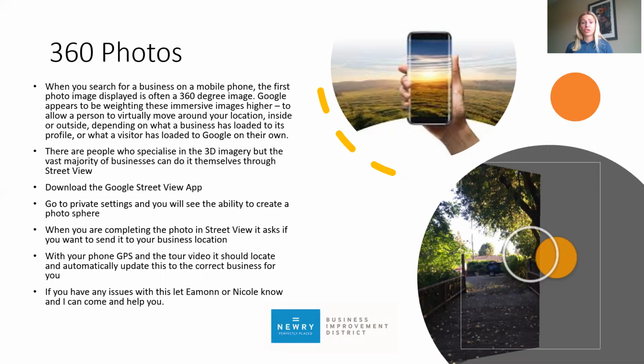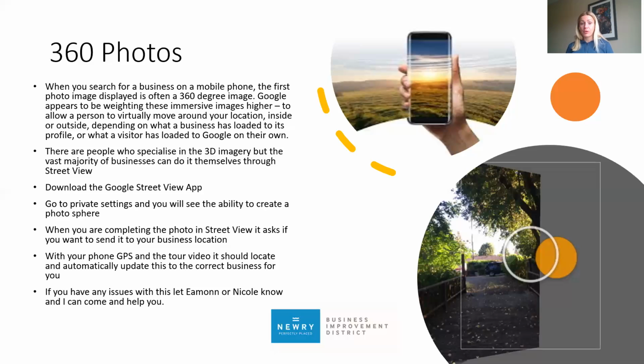And this allows a person to move virtually around your location, inside or outside, depending on what a business has put on their profile or what a visitor has loaded to Google on their own. So you or a visitor to your premises can upload photos, 3D or 360 photo. I keep calling them 3D photos, but 360 photos to your Street View profile.